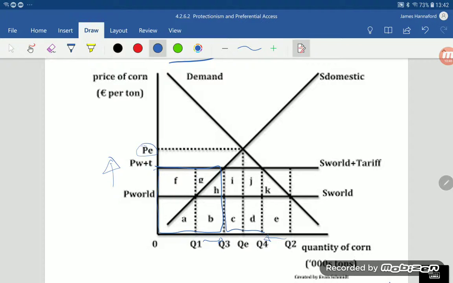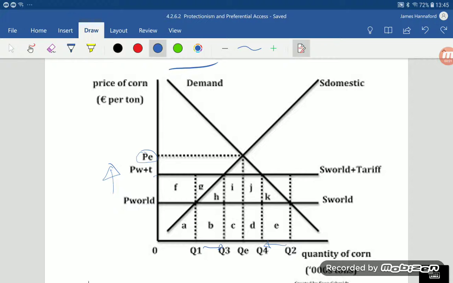So to reiterate, CD. Some of the more attentive of you will notice that I and J have not been accounted for. J is, of course, the tariff revenue that goes to the government. Before, at P World, there was no government tariff revenue, as there was no tariff.